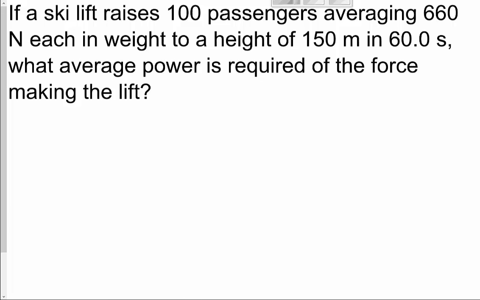If a ski lift raises 100 passengers, averaging 660 newtons in weight, to a height of 150 meters in 60 seconds, what average power is required of the force making the lift? Power is simply the work done by this force divided by how long it took. We have to think of how much force needs to be exerted to overcome gravity.